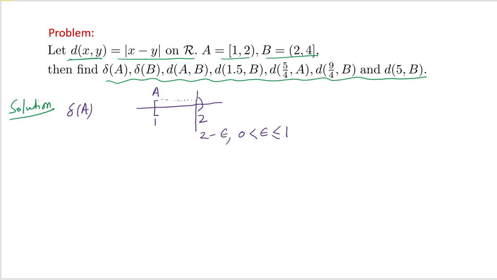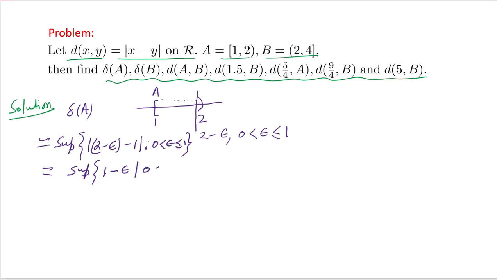So without loss of generality, we are writing delta A is equal to supremum of modulus 2 minus epsilon minus 1 such that 0 is less than epsilon less than or equal to 1, and this is supremum of 1 minus epsilon, where epsilon ranges like this, and then if you get the supremum, it is going to be equal to 1.